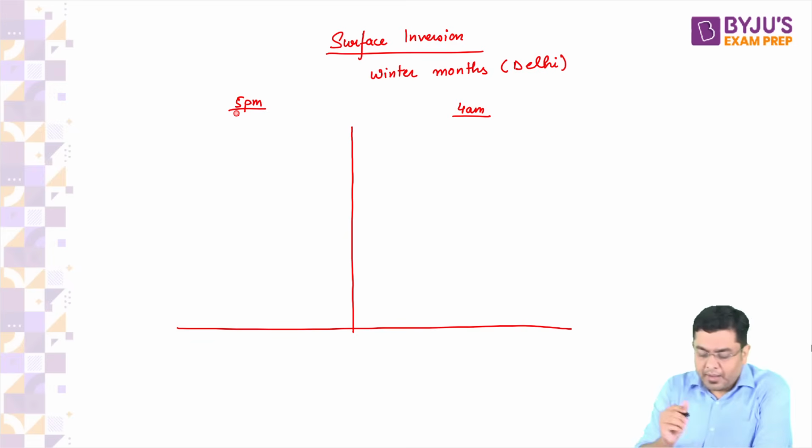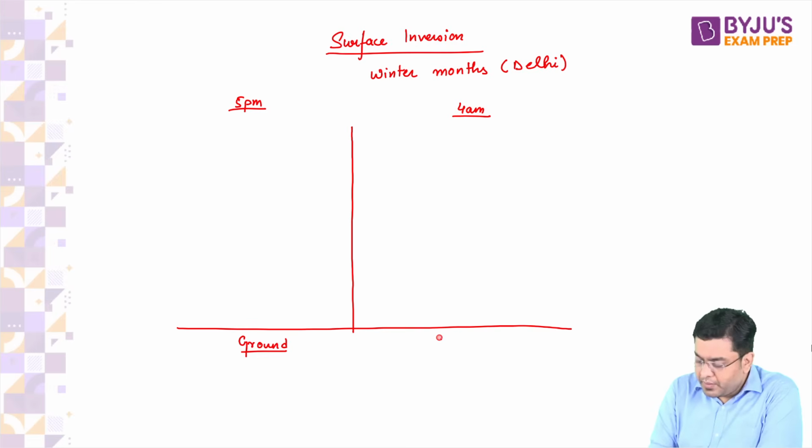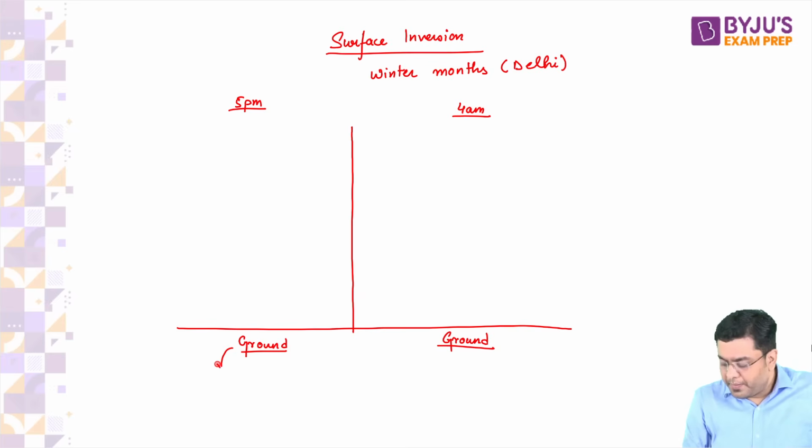So, here, let's assume this is the ground. This is your ground. Now, the temperature at ground during 5 p.m., let's assume is 12.5 degrees Celsius.